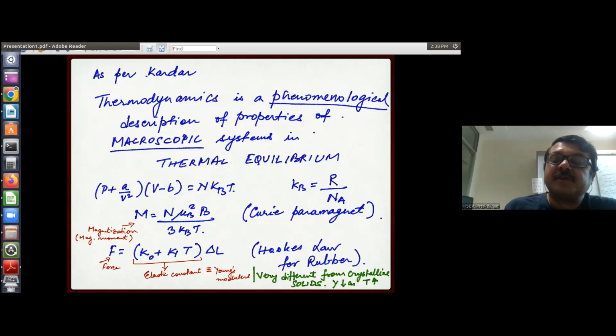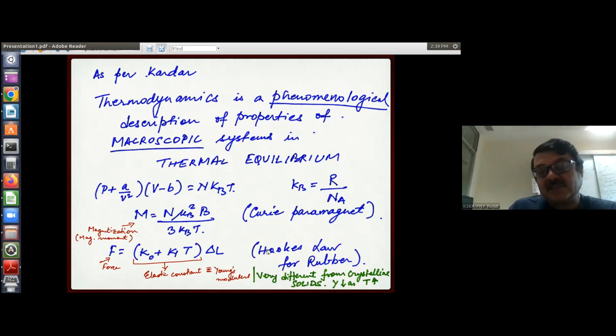Now, this concept of fluctuations comes from stat mech, but even without that, empirically, phenomenologically, you can have this relation between magnetization, the number of magnetic moments, the value of the magnetic moment of each component of the paramagnet, B and k_B T. Right, so that's another equation of state. And just for the heck of it, I have written down another equation of state.